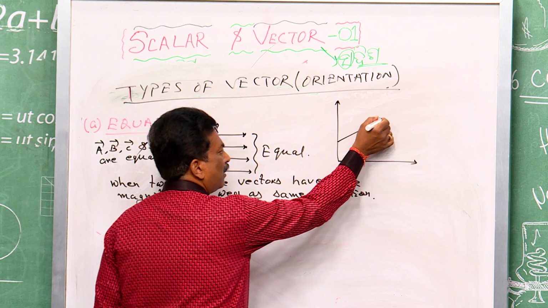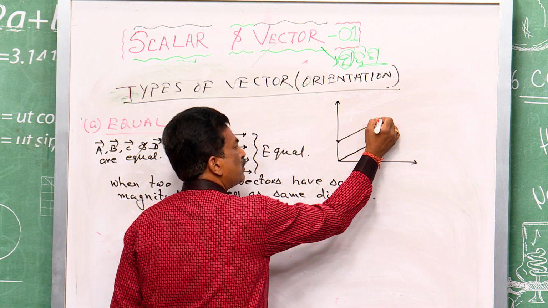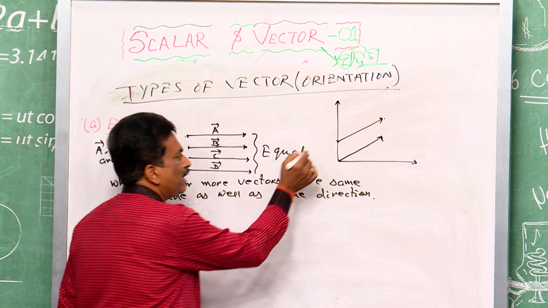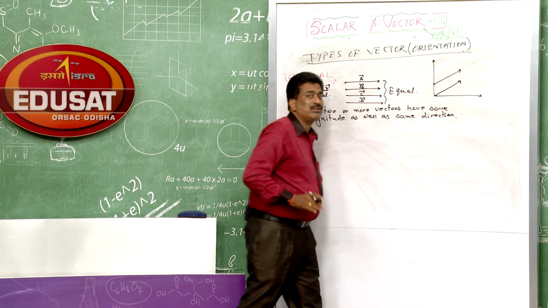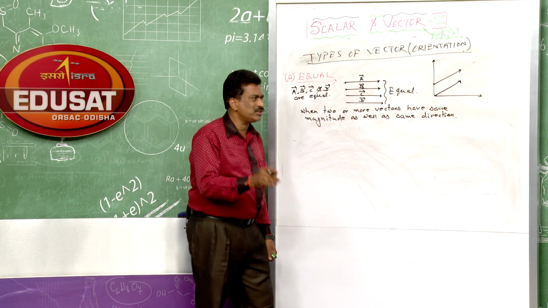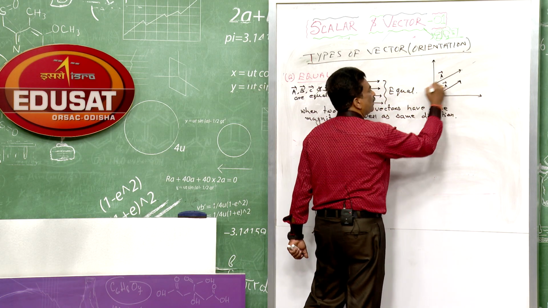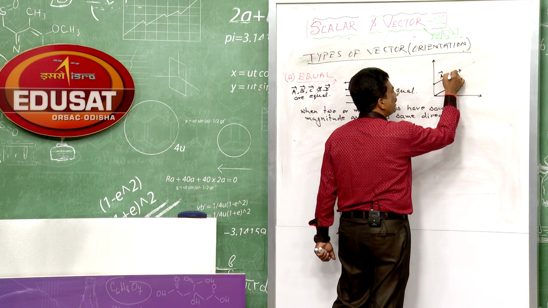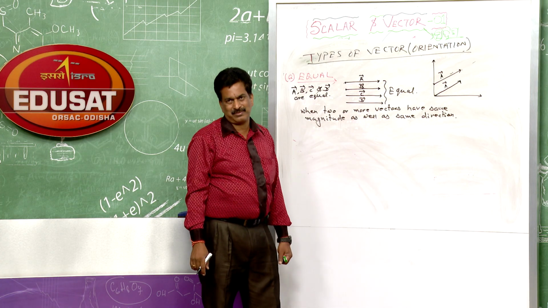The same vector, if it is placed from the origin, the magnitude is the same, and this one is in this direction, this one is in this direction, means along the same direction, the angle between them is 0. If this vector is A, then this vector is also A. Then we will say that this vector is a parallel shift of the other one.